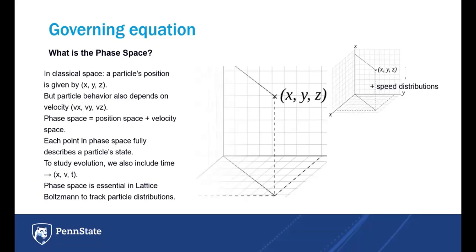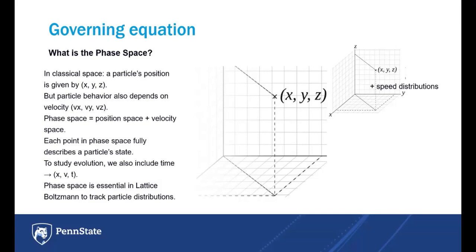So now let's talk about phase space. This is a crucial concept in kinetic theory and the Lattice Boltzmann method. In regular geometric space, we describe a particle's location with three coordinates: x, y, and z. But to understand how particles behave, especially in terms of energy, pressure, and flow, we also need to know their velocity, how fast and in which direction they are moving.